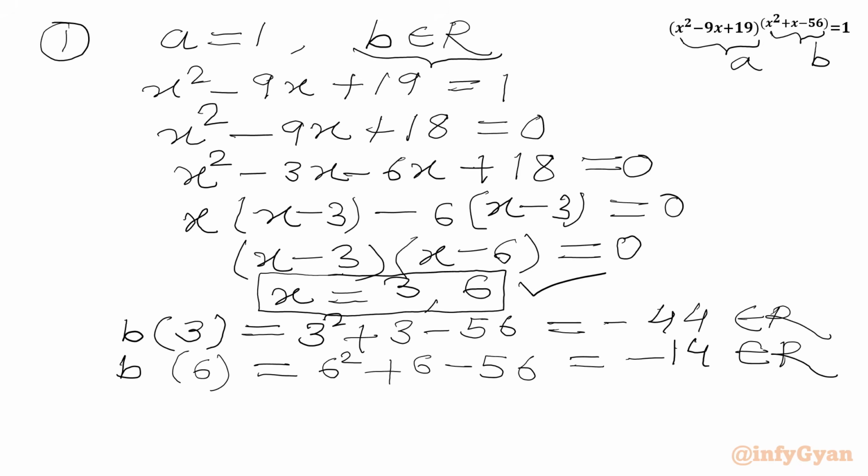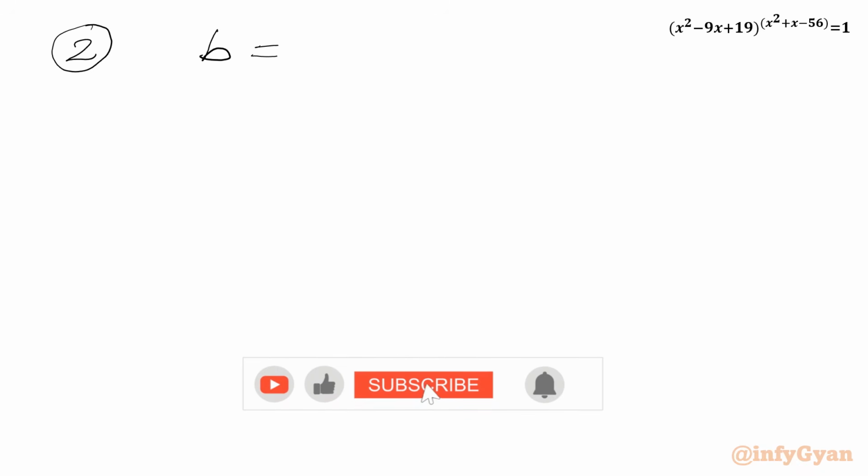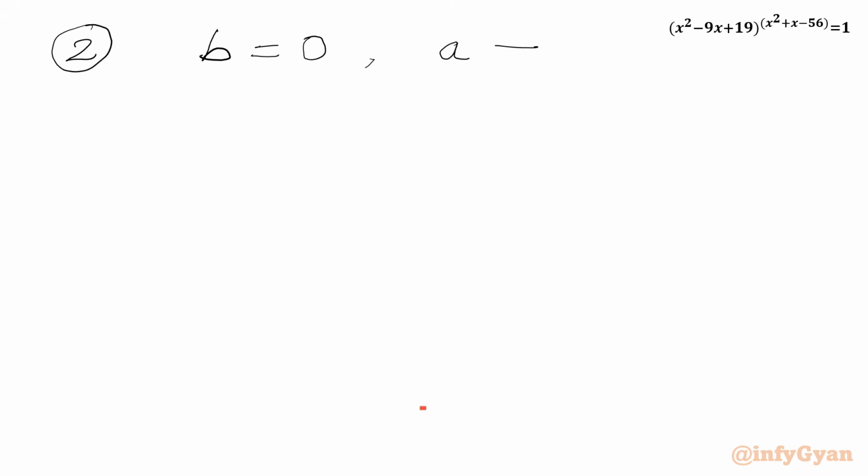Now case number 2. Case number 2 is power is 0. At the same time, a should not be 0. So we'll put power 0. Here we have b.